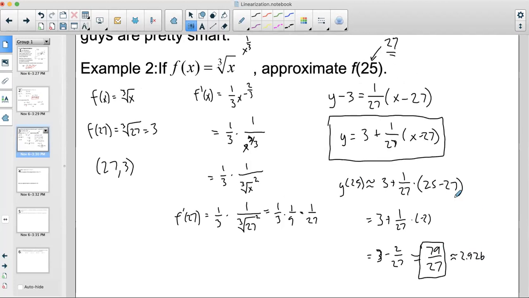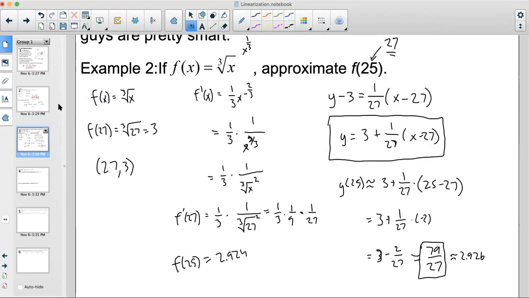And since I have a calculator, I can just tell you that the cube root of 25 is 2.924. So it's actually a really good approximation. Like the first time I see a difference is in the thousandths place.